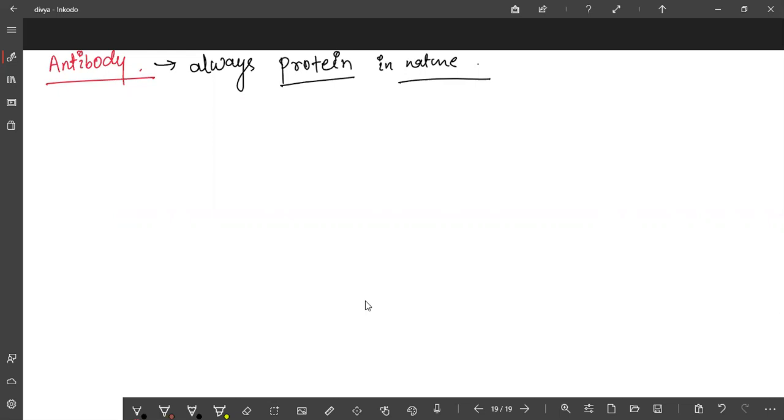And if you will study about the structure of antibody, what is antibody? So this antibody will be produced against the antigen. And this is a question of the board examination also, the structure of antibody.